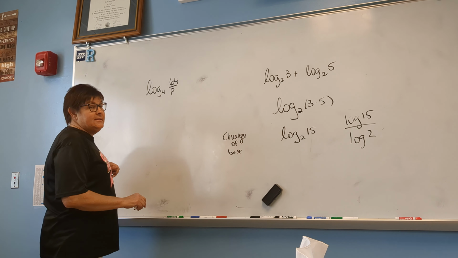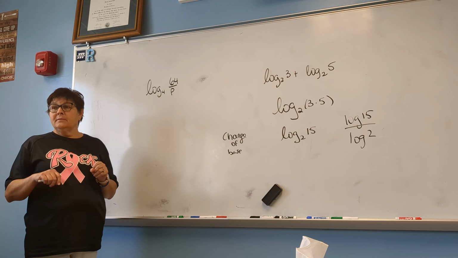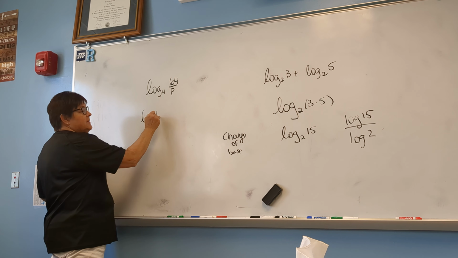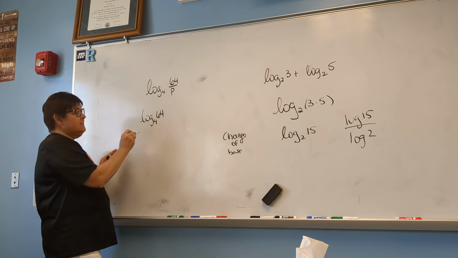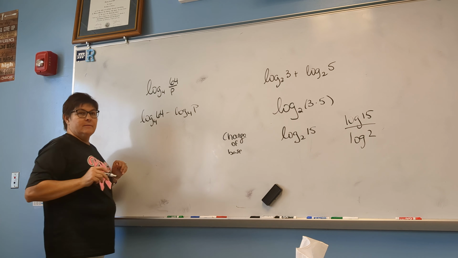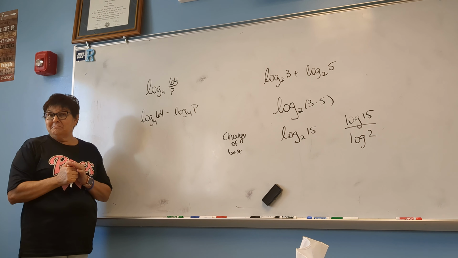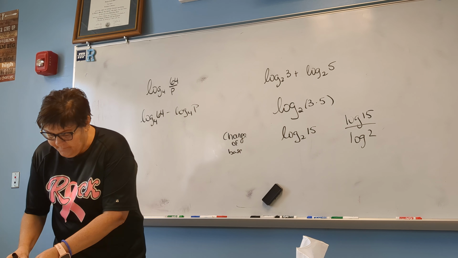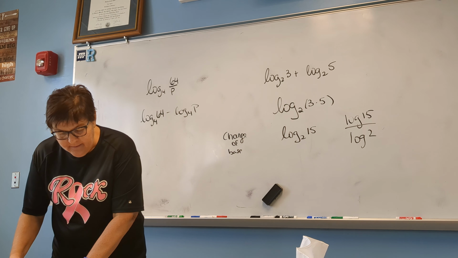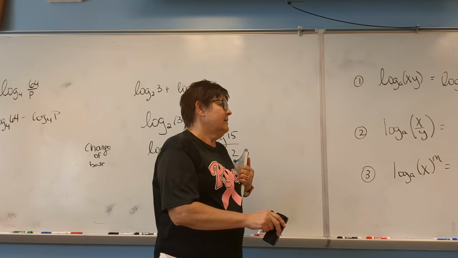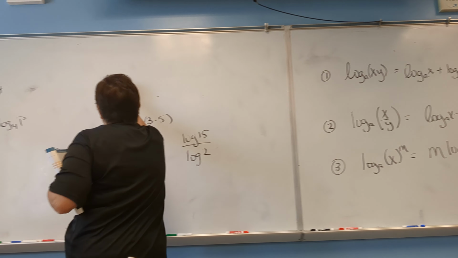Asking you to expand it. Division means subtraction, so it's going to be log base 4 of 64 minus log base 4 of P. How do we feel? Sweet. Now, how do we start solving with these things?